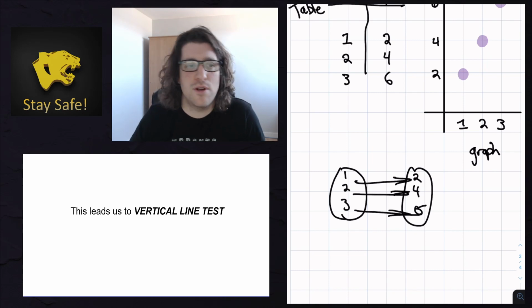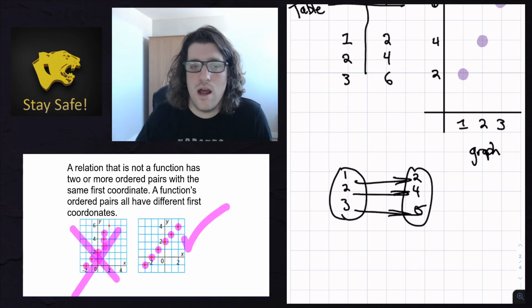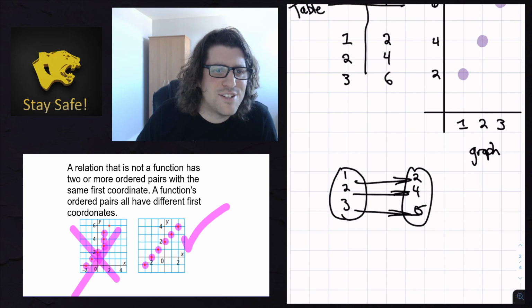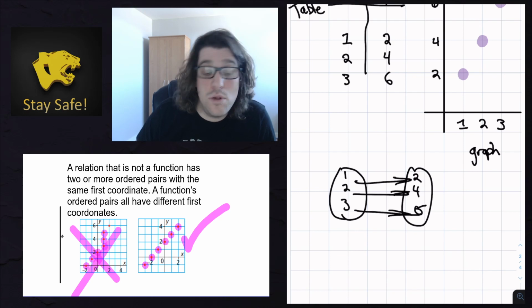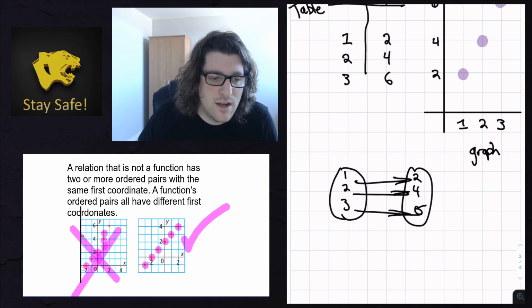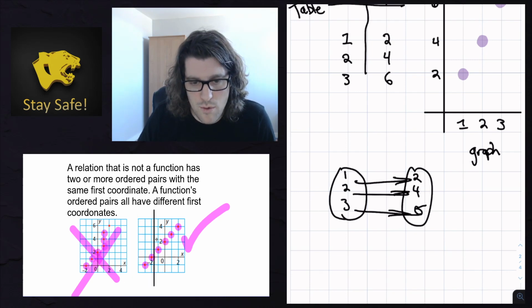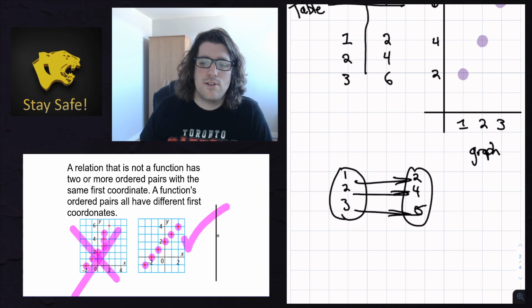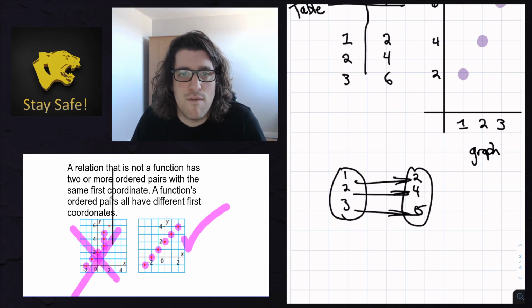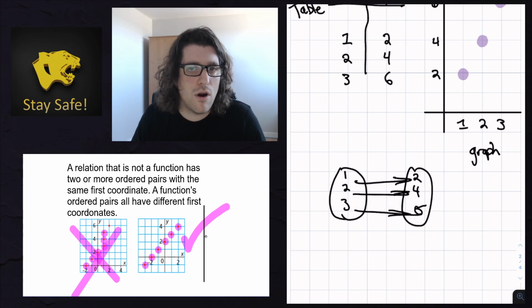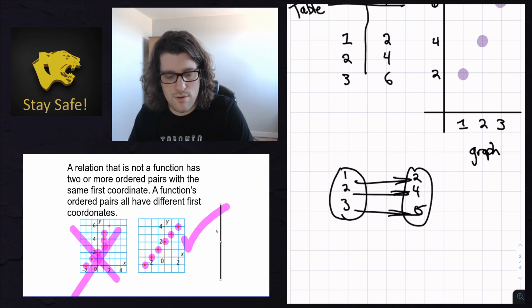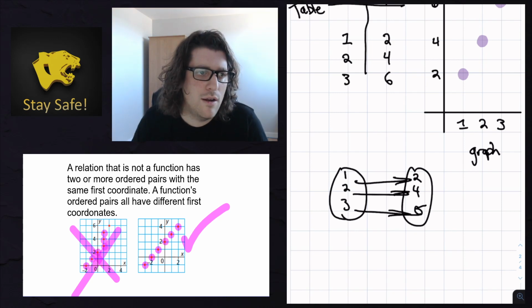If when you skim it across the graph it only cuts through one point at a time, that's okay. 1 point, that's okay. 1 point, that's okay. 3 points, bang. All right, not a function. This one over here, 1, 1, 1, good. So you are taking this idea of a vertical line and skimming it across your graph in order to tell whether this thing is a function or not.